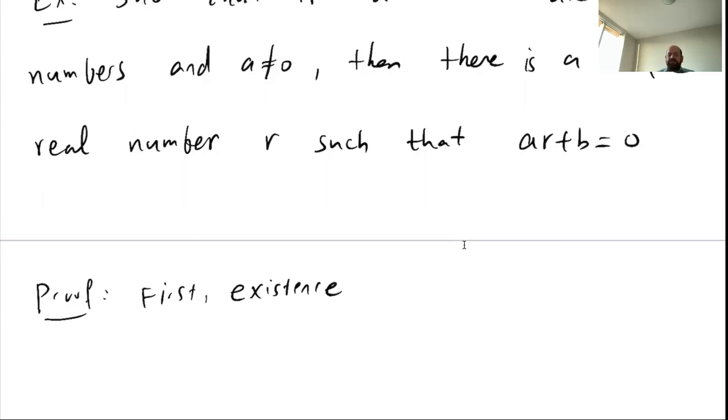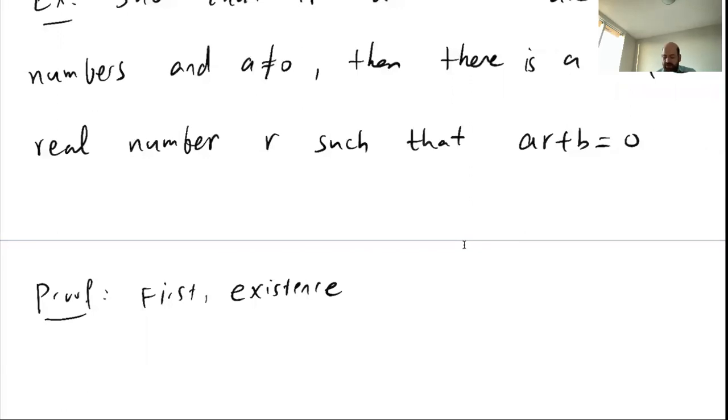And we know that for existence, we can do constructive or non-constructive. For simple examples, usually we can do constructive. So can we construct a number R such that AR plus B is equal to 0? Well, that's very easy, right? Just a simple equation.